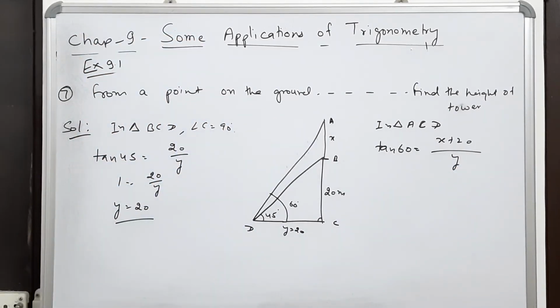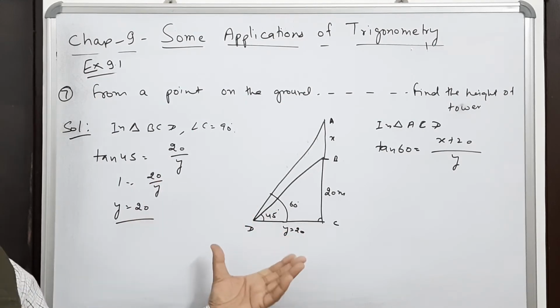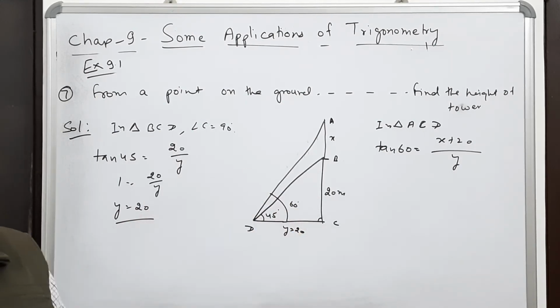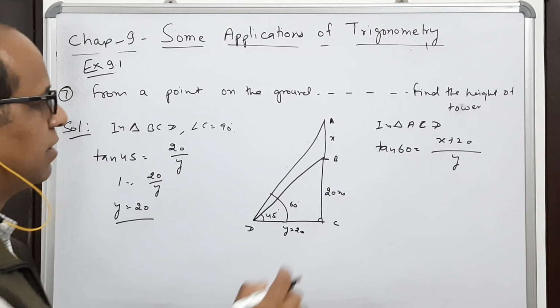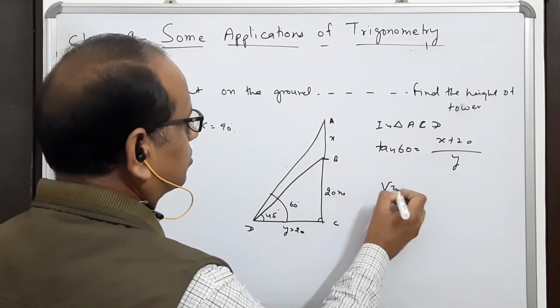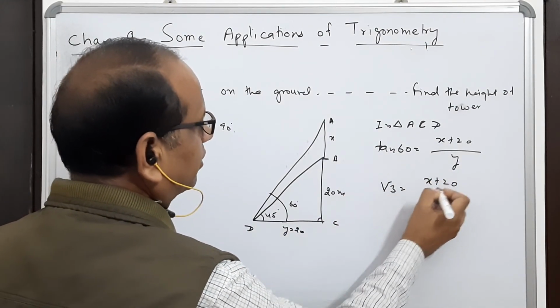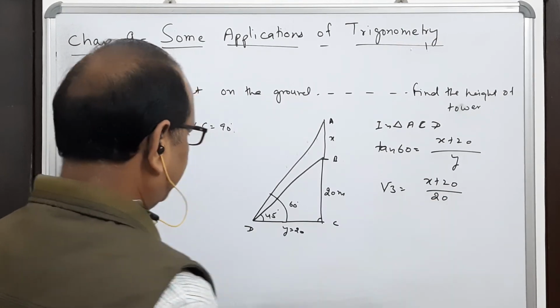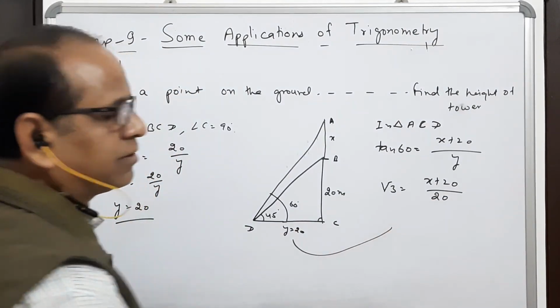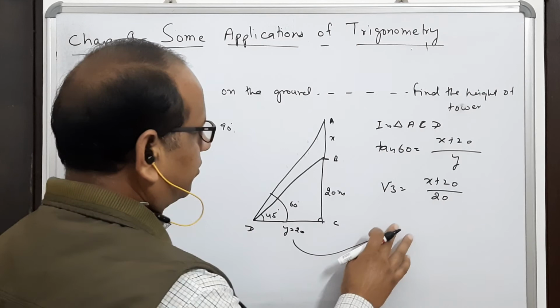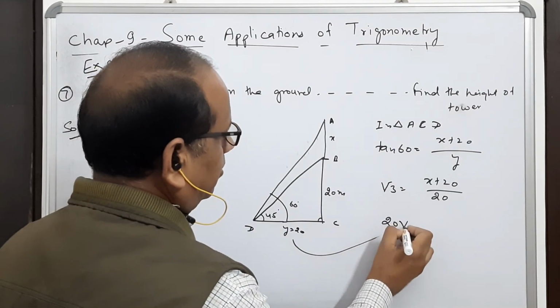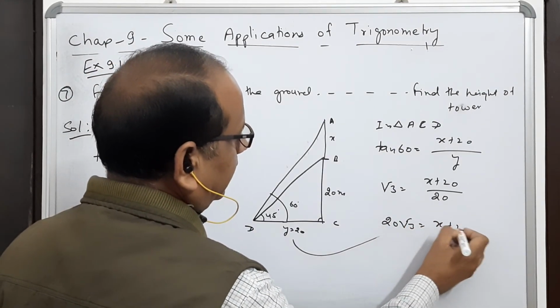This part is very, very important, and this type of sum is very important from the examination point of view. Here, the value of tan 60 is root 3. X we have to calculate. Value of y we have already got, 20. So now, if you cross multiply, 20 root 3 equals x plus 20.